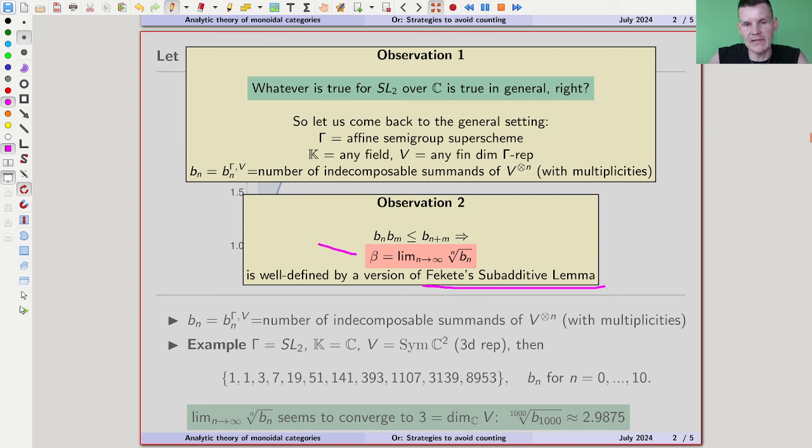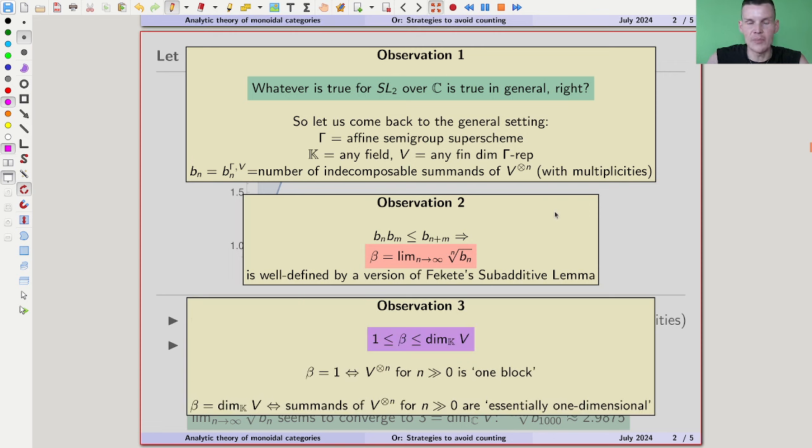So I want to find this value beta, which is really like saying what is the leading growth rate of my sequence Bn. So Bn is the analog of pi n. And that's the thing I would like to understand.